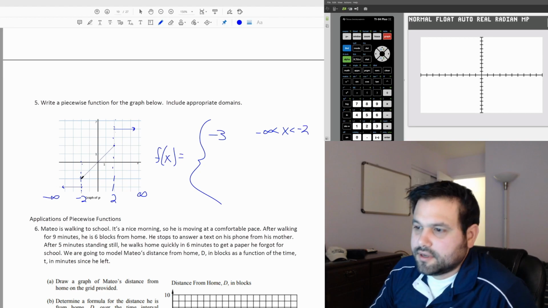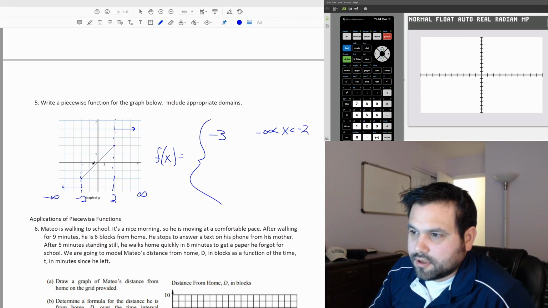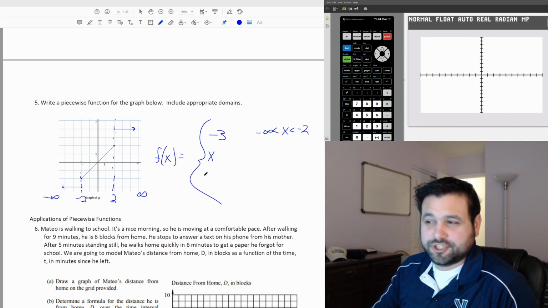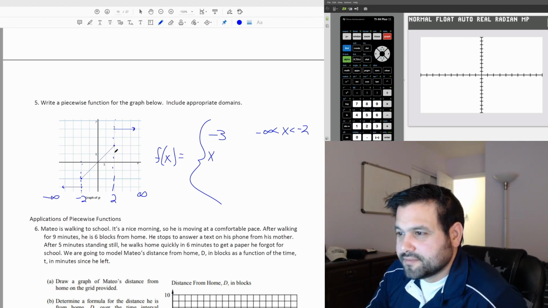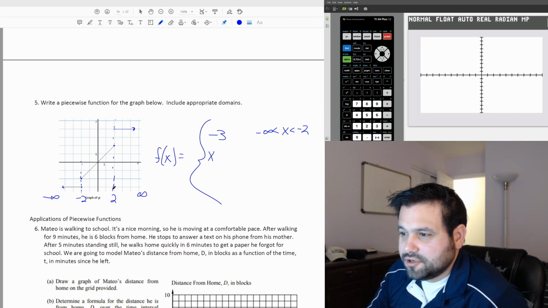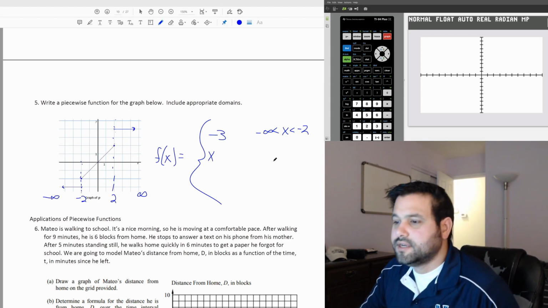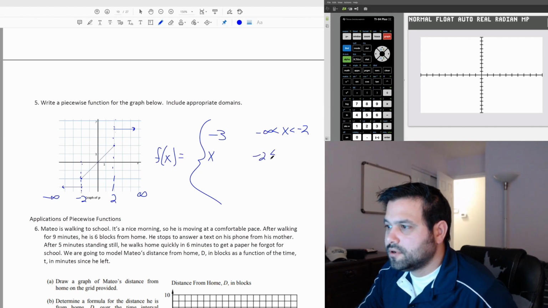Next piece. Okay, what's the slope? Looks like we're up 4, right 4, so that's a slope of 1. So x, y-intercept of 0, x plus 0, or just x. And we're going from -2 to 2, and both of these are closed circles, so I'll include both of those endpoints. So -2 included to 2 included.